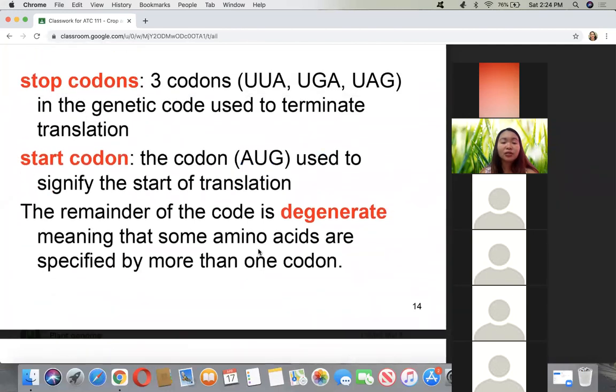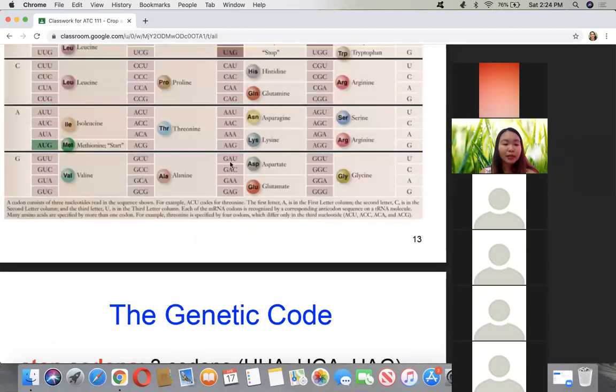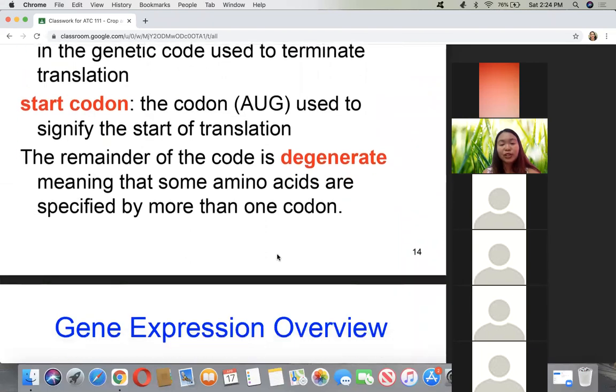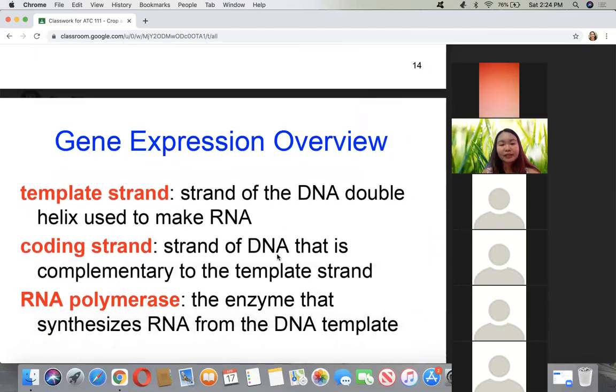While the start codon, the AUG, ito yung methionine, no? Is used to signify the start of translation. And the remainder of the code is degenerate, meaning that some amino acids are specified by more than one codon. So, yun yung mga signals nila.